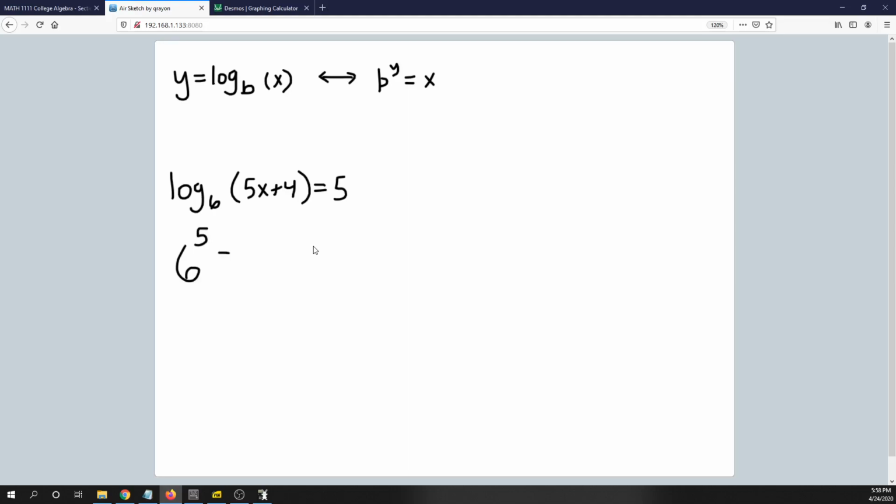And then what is inside the logarithmic function, the argument, goes by itself on the other side of the exponential expression. In that case, that's going to be 5x plus 4.